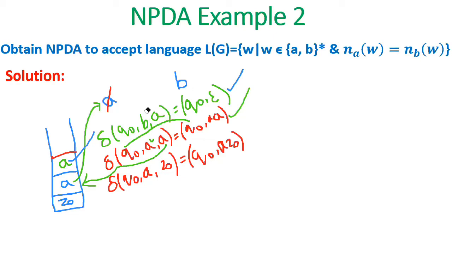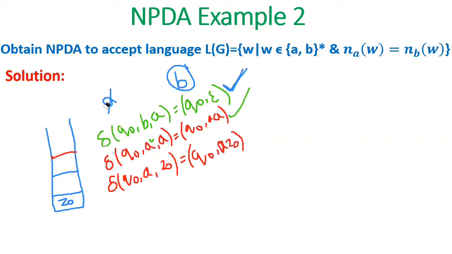Isn't it? So at last, what do you get? You have one more string. This A is popped. This A is on top of the stack already, and the new symbol that you have got is B. So using this transition, A will also be popped from the stack.